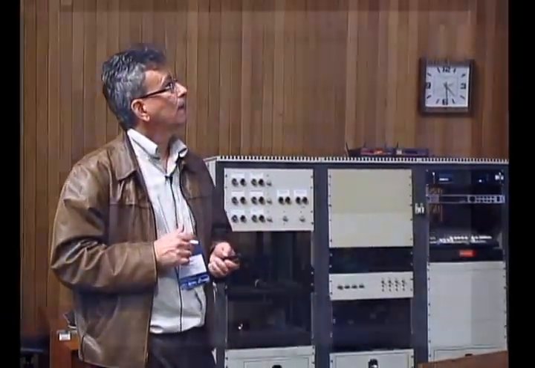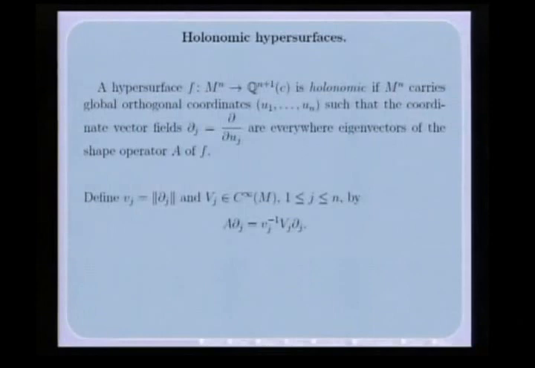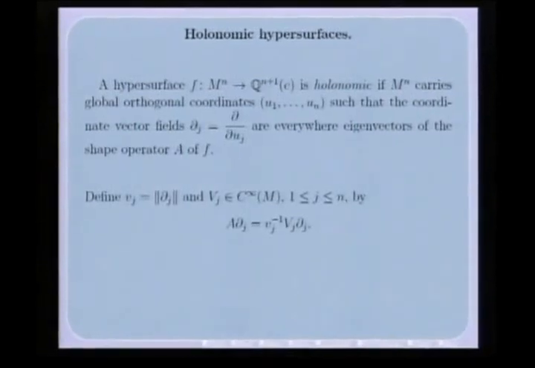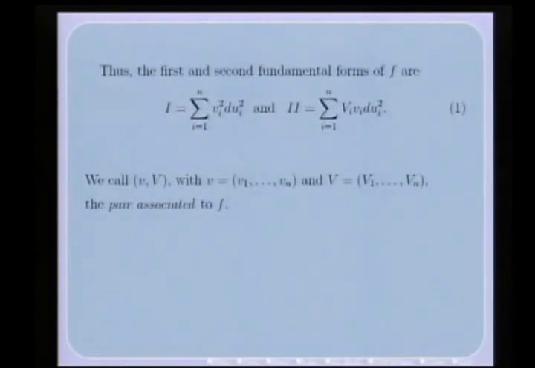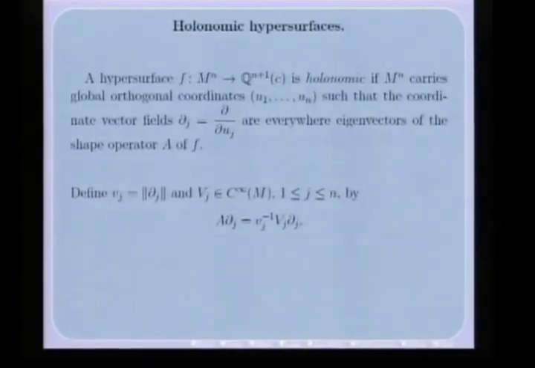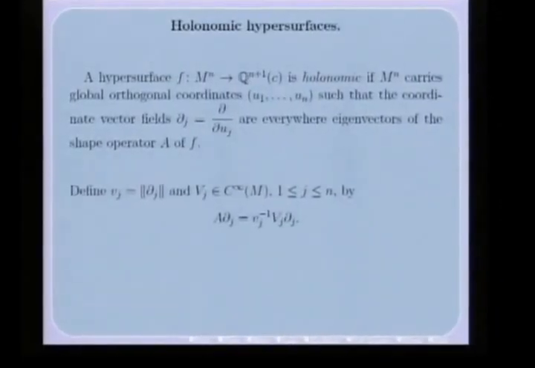Well, once you have a holonomic hypersurface, it's convenient to define those two sets of functions. These functions v_j are just the lengths of the coordinate vectors. And these functions capital V_j are the principal curvatures multiplied by the lengths of the coordinate vectors.